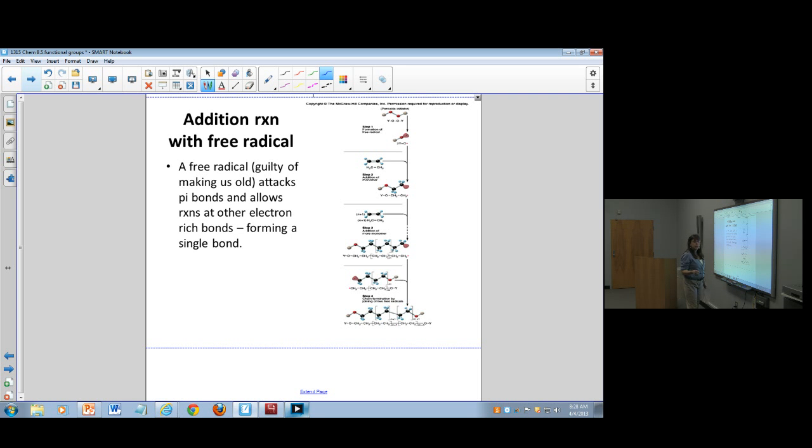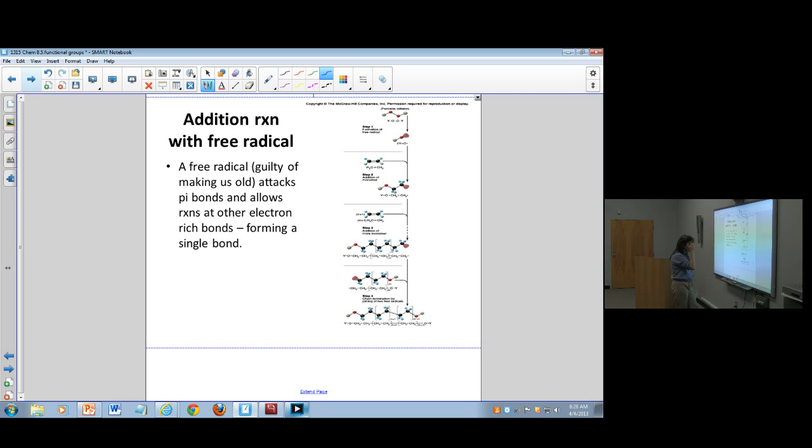But that means that because they've reacted to get their extra electron, the next thing also becomes something that's got an odd number, and it starts a chain reaction. So a chain reaction ends up giving you these long polymers under an addition reaction if you start with a radical.